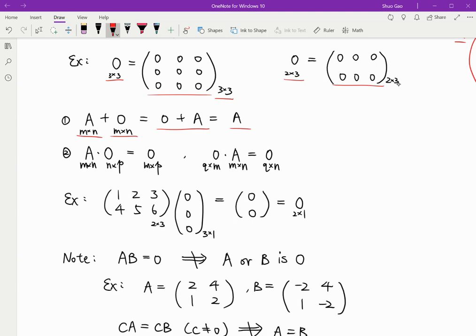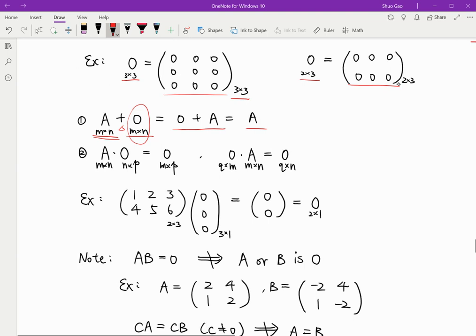But pay attention that the null matrix has to be the same dimension as matrix A, right? Because we're doing matrix addition here. So A and the null matrix have to have the same dimension in order to be added together, right?